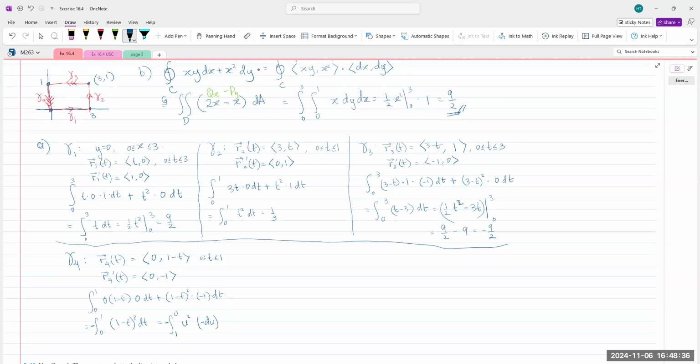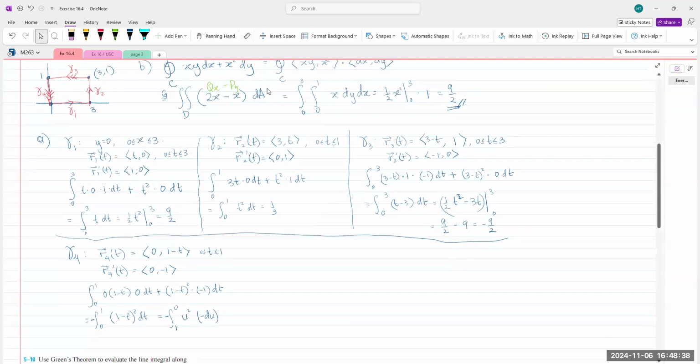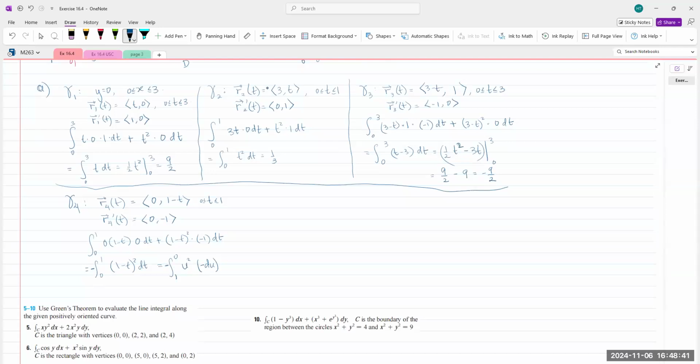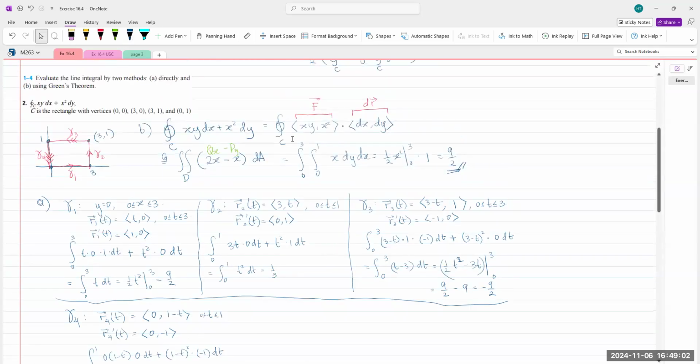Is it right? So this is negative integral from 0 to 1 of u squared du, that's negative 1/3. Why did I get that? Hold on, did I make a mistake here?